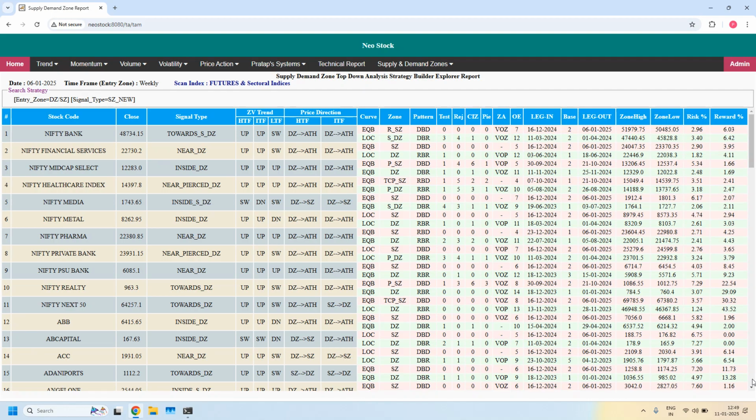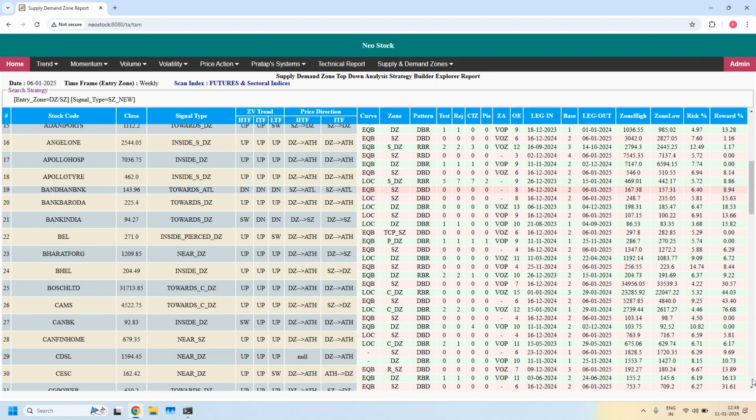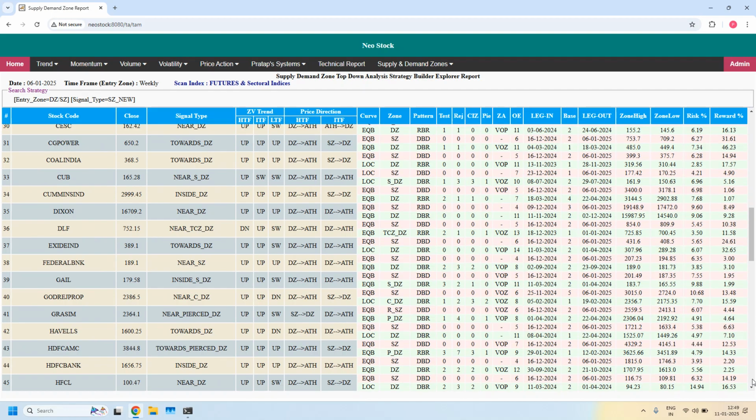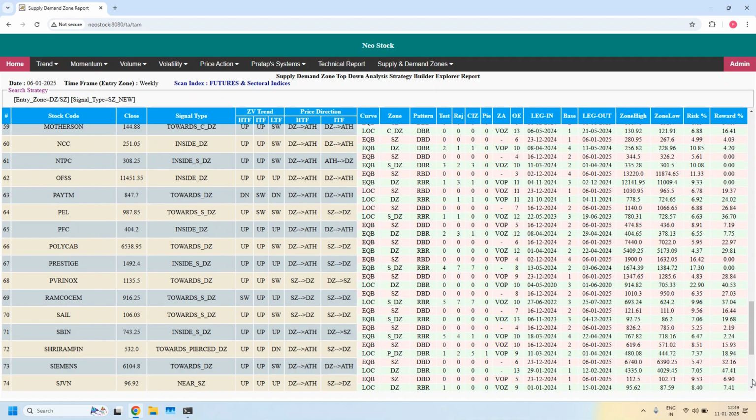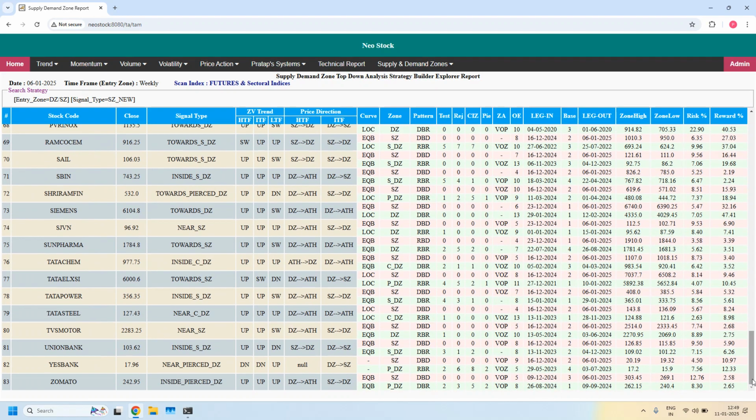I am scrolling the list down. 83 stocks are having newly created supply zones out of 240 stocks, including 17 indices.